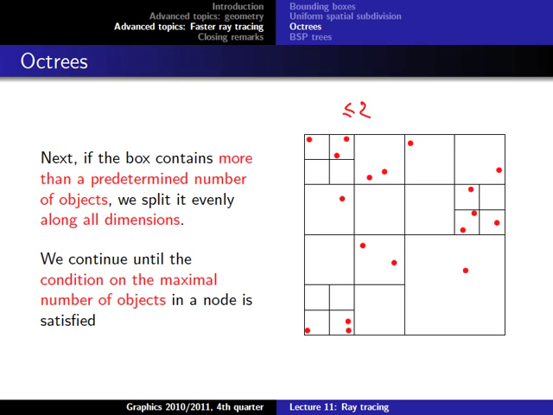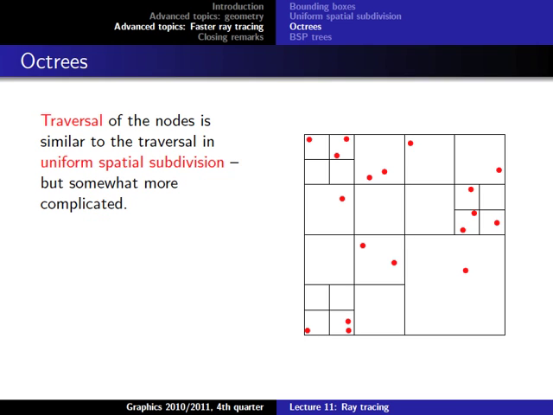So this saves us a lot of intersection tests, but of course this comes at a price, because traversing those cells with the ray is not as straightforward. In the uniform grid, we just increase the index.